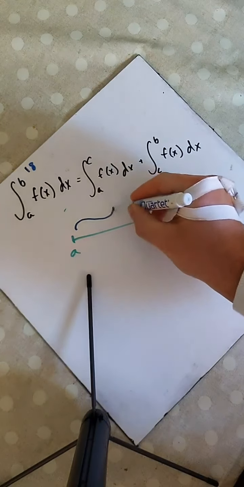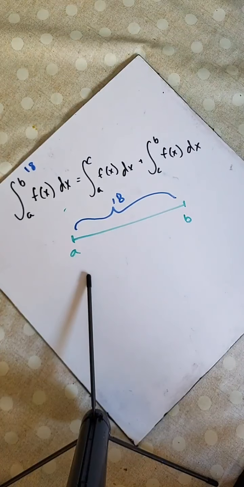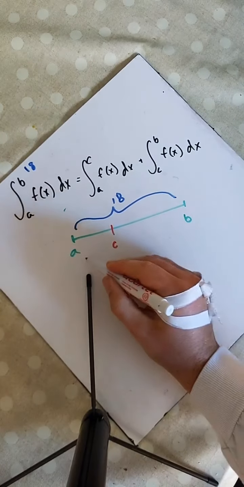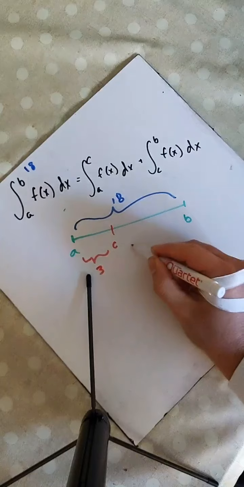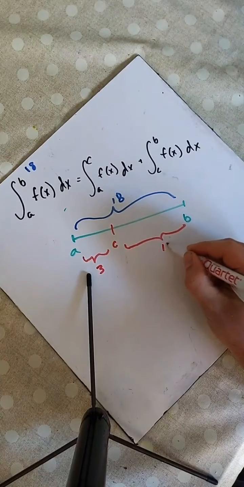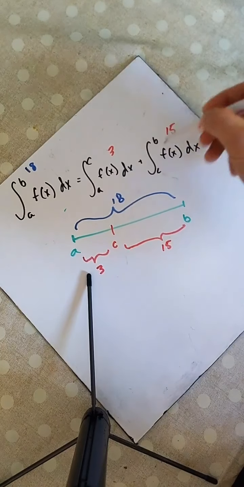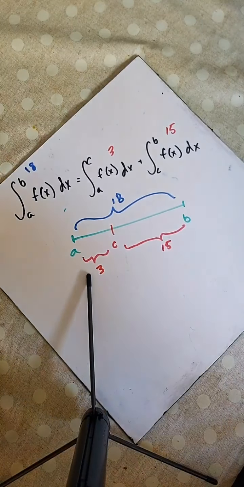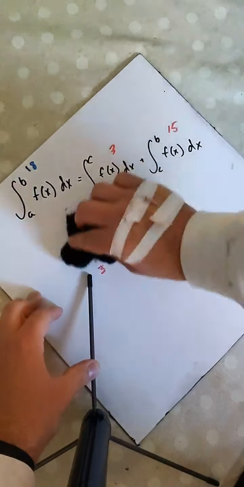So if I know from here to here it is 18, then if I pick a point in between, say point C, and the distance from A to C is 3 and from C to B is 15, that makes sense because 3 plus 15 is 18, which is the same distance all the way across. I like to use this to help us with integrals, where we can split up the integral into different parts. So we're going to go through today's examples to help you out.